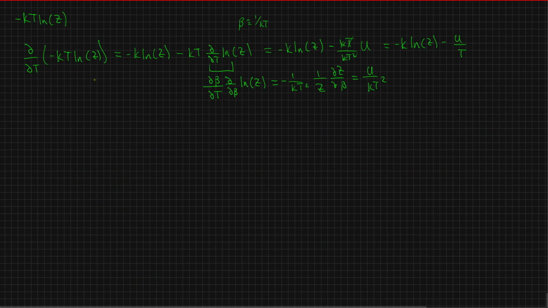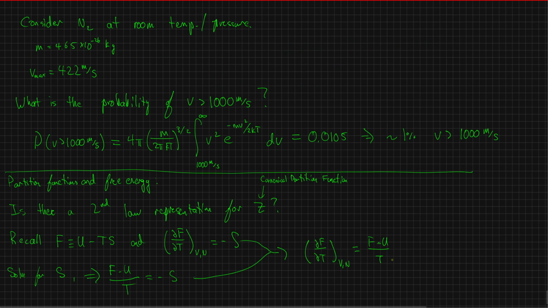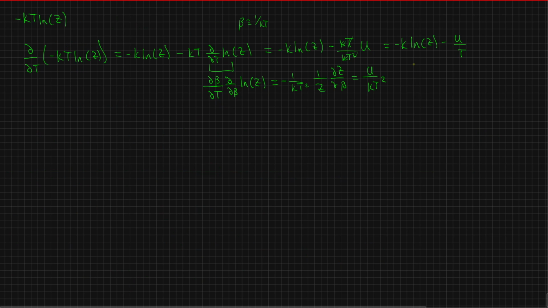So now if we have this other quantity, minus KT ln of Z, which we didn't name yet, and we take the derivative with respect to the temperature, and we can also implicitly hold V and N constant since nothing depends on them here, we get minus K ln of Z minus U over T. So the U over T matches up nicely between these two expressions. So we might guess that F over T is this quantity right here, the minus K ln of Z.